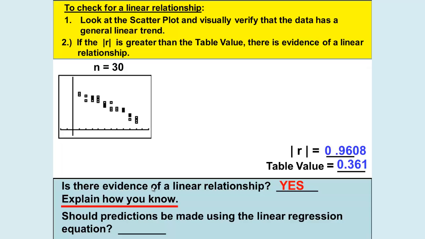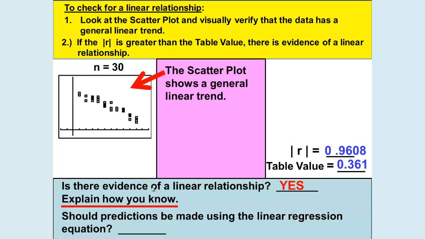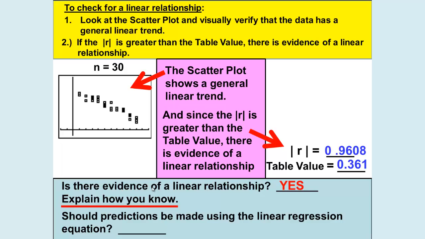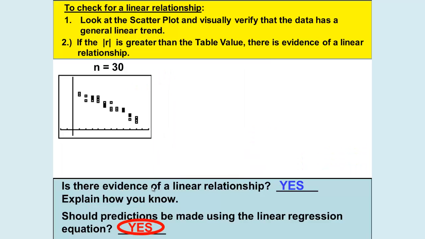The scatter plot shows a general linear trend, and the absolute value of R is greater than the table value. Since both are true, there is evidence of a linear relationship, so we can make predictions using the linear regression equation. So that answer is yes.